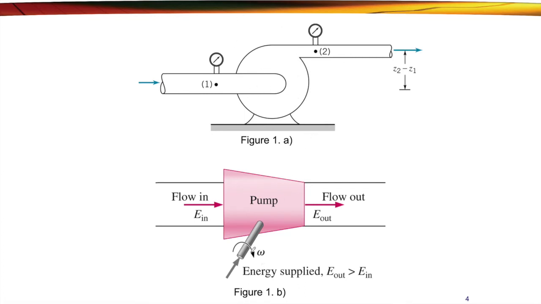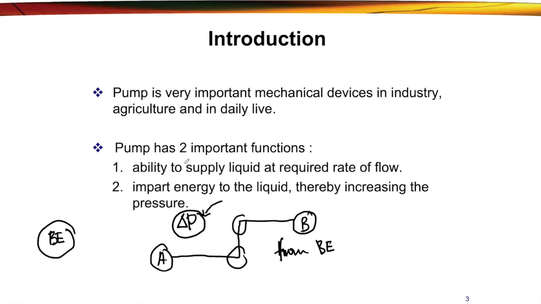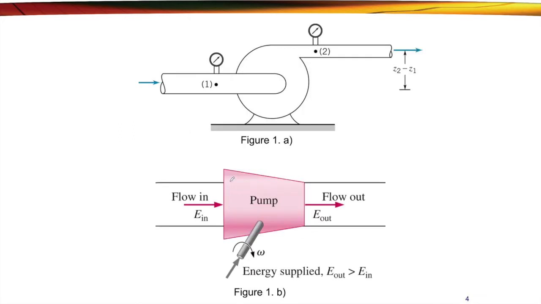So this is what I said about the important function of the pump, where the pump will have a rotor here, where we have the energy supplied to that rotor, and then that rotor will transfer that electrical energy to the mechanical energy.